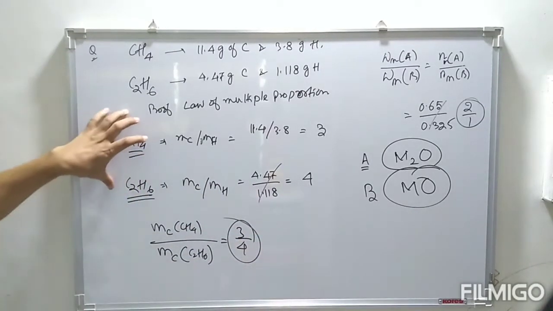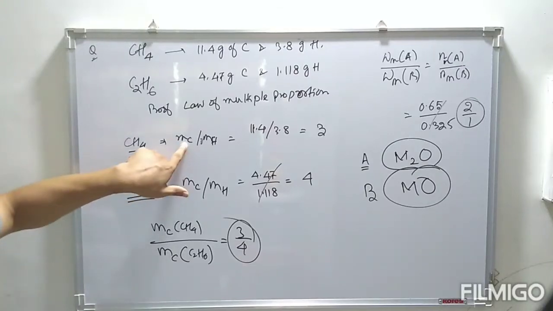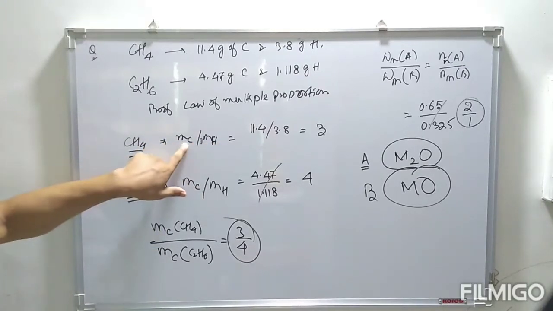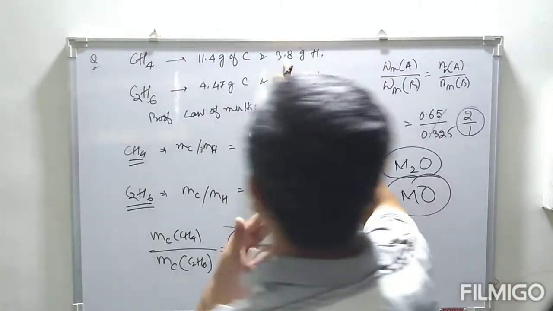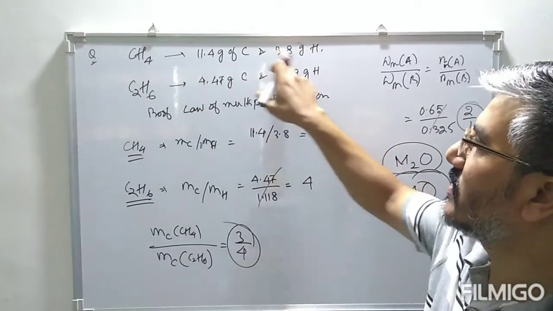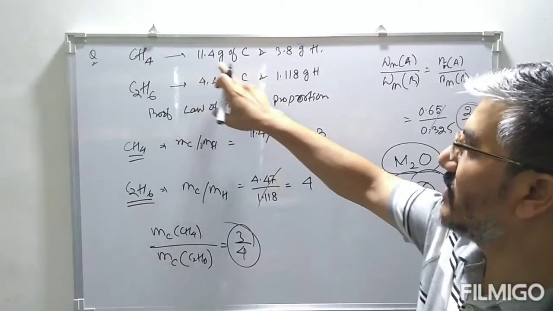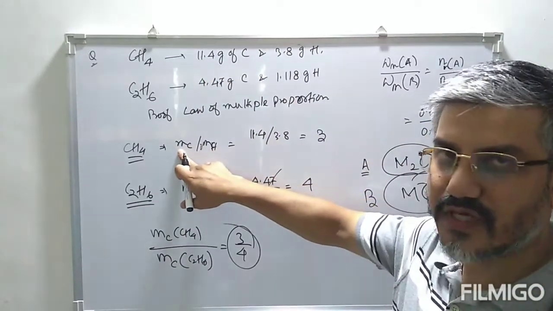So look at this. Question is slightly modified. Don't get confused. I'm taking this mass of carbon to that of mass of hydrogen. So 3.8 gram hydrogen requires 11.4. So 1 gram will require 11.4 divided by 3.8. For 1 gram of hydrogen, what is the mass of carbon required?